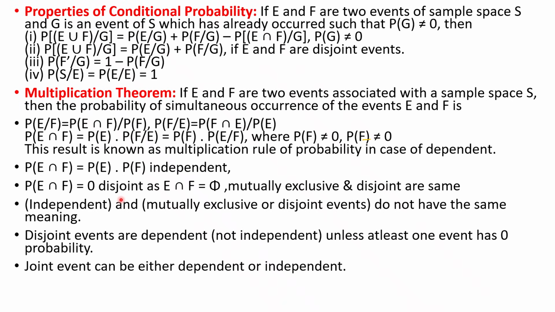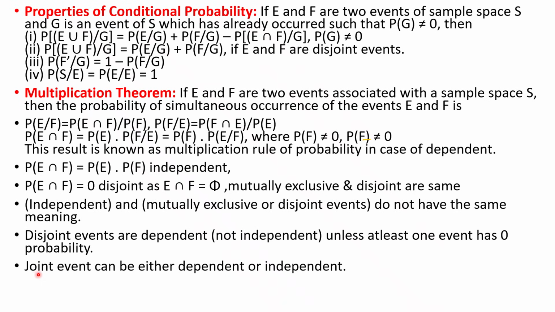So that is why I am saying that disjoint events are dependent unless at least one event has 0 probability. Okay, clear? Means not independent. Disjoint events are not independent. They are dependent unless and until at least one event has 0 probability.